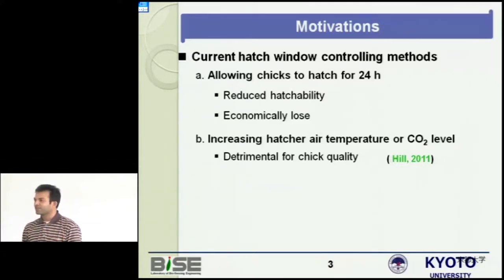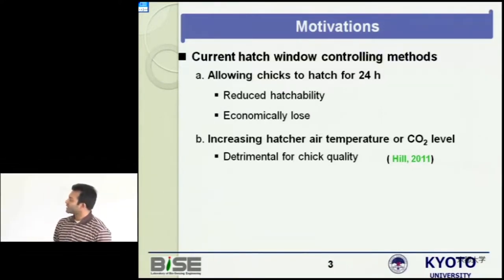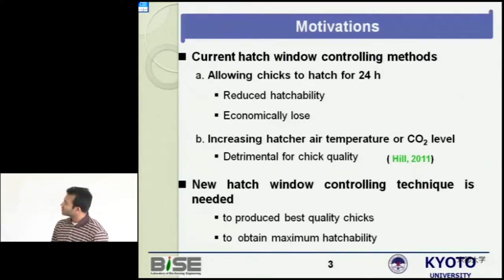When the carbon dioxide concentration increases, this starts anaerobic metabolism, which makes the chicks lethargic and exhausted. So a short hatch window is very beneficial for the poultry hatchery. A new hatch window controlling technique is needed, which can produce the best quality chicks and also maximize the hatchability.